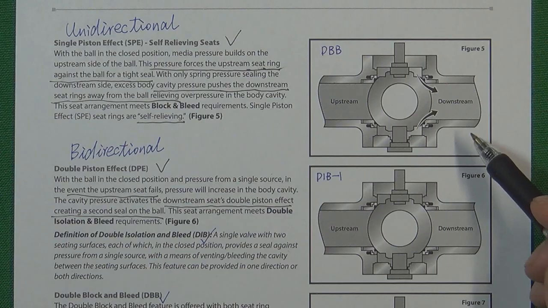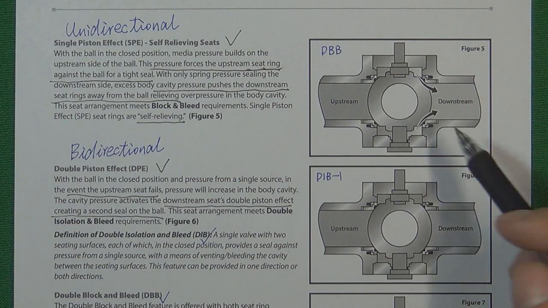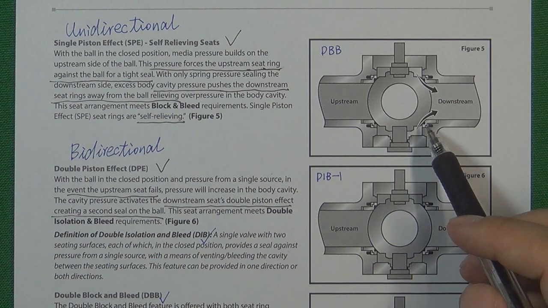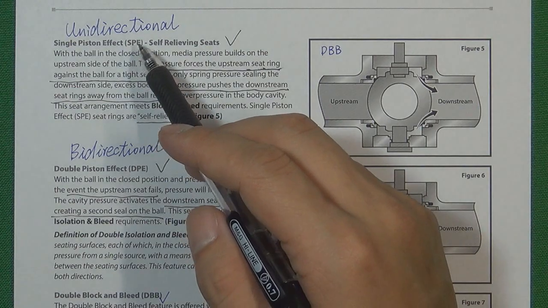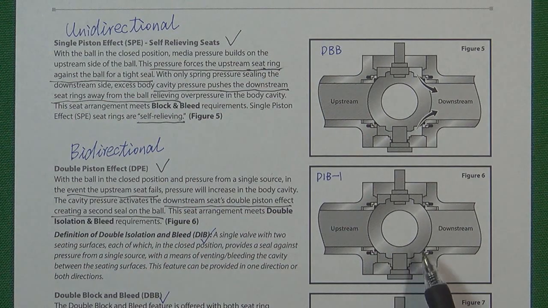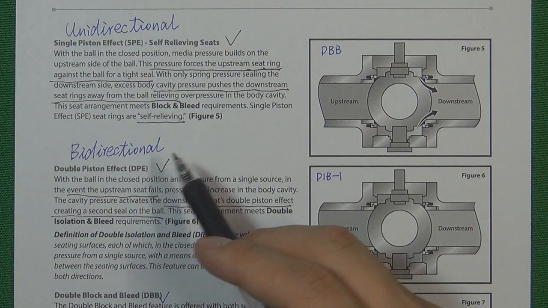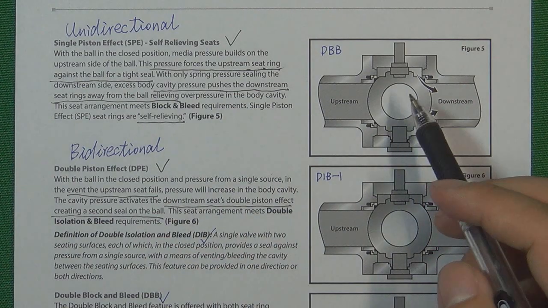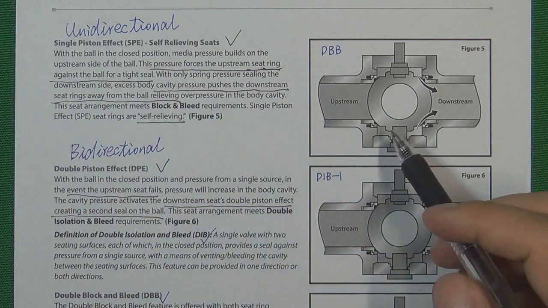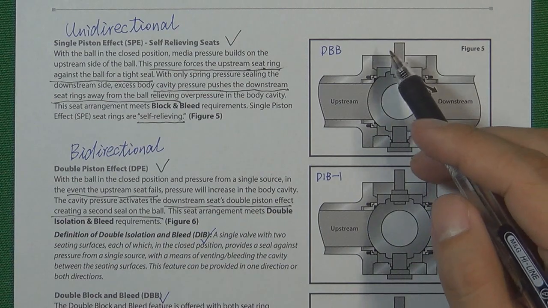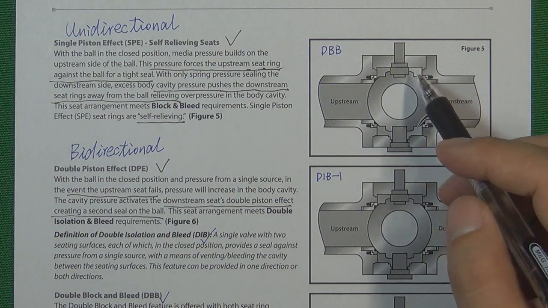Before, we already talked about two kinds of design. One is both sides' valve seats made as SPE, and the other is both sides' valve seats made as DPE. For the valve with both sides SPE, the advantage is that if the cavity has pressure inside, it can relieve.